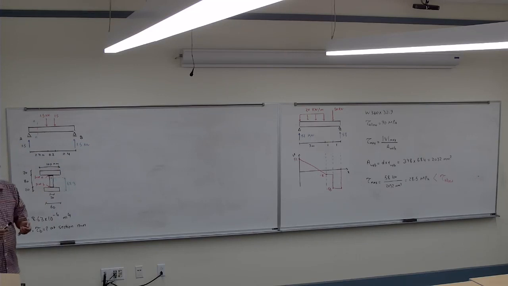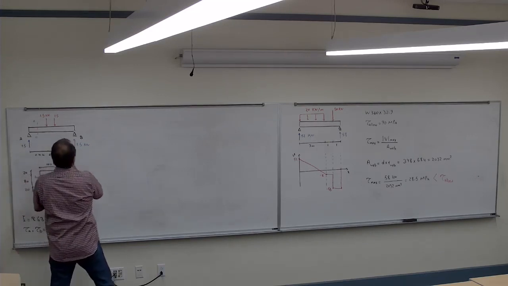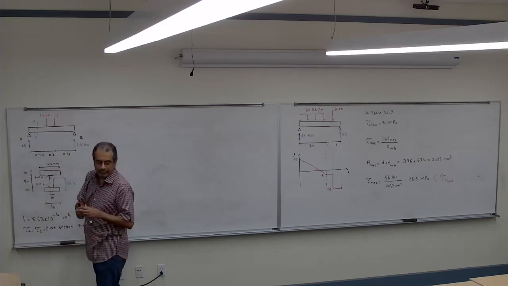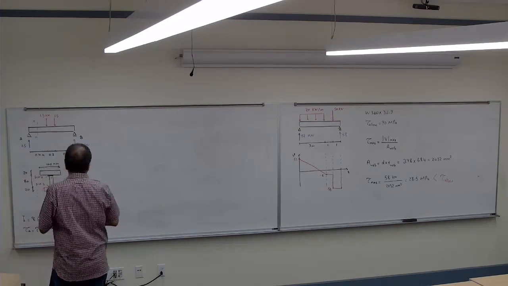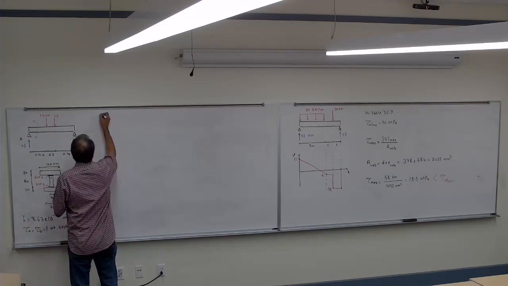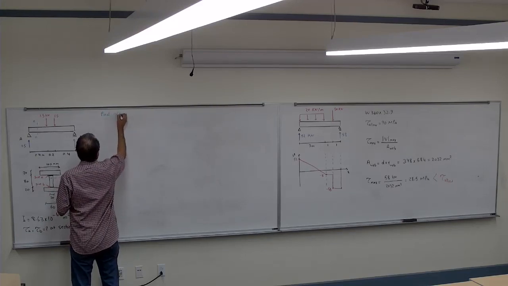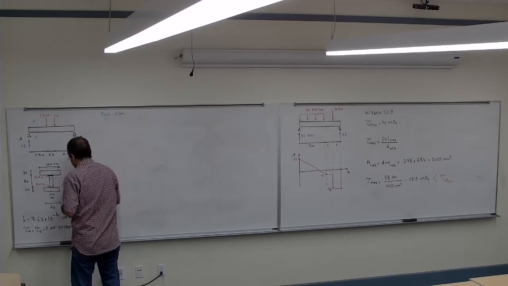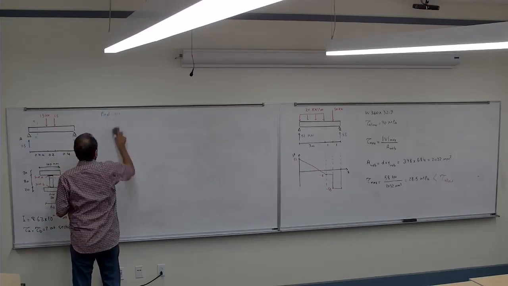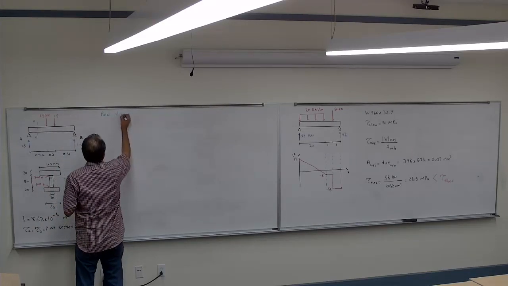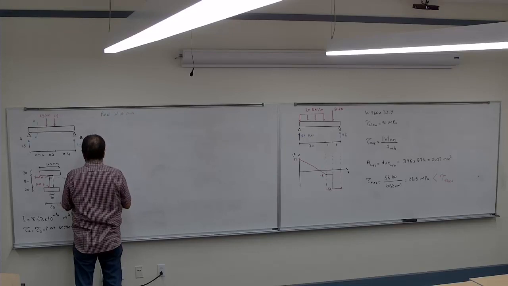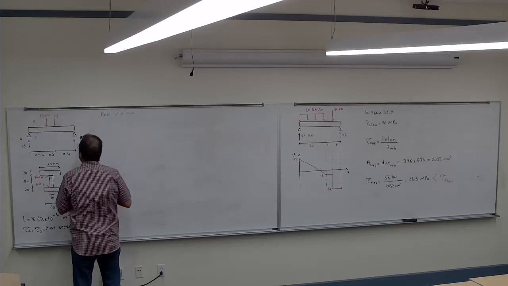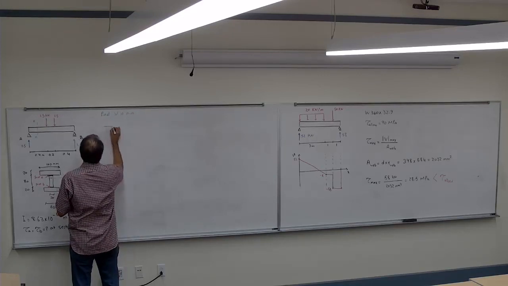So if I cut it there, I want to find the internal shear. So find V at NN. So if I cut it at NN, okay, that's my beam.